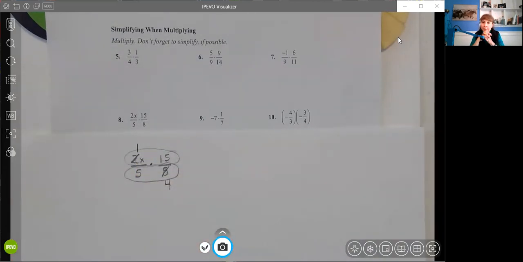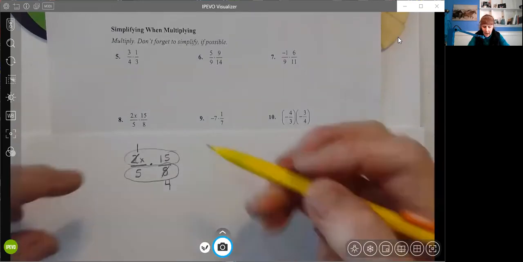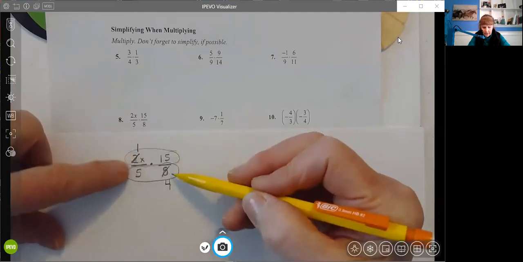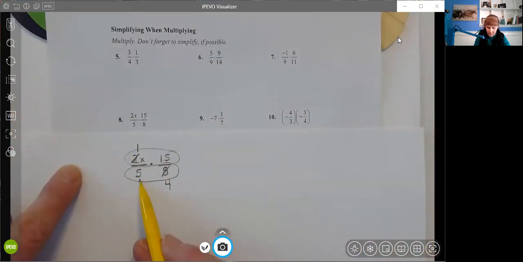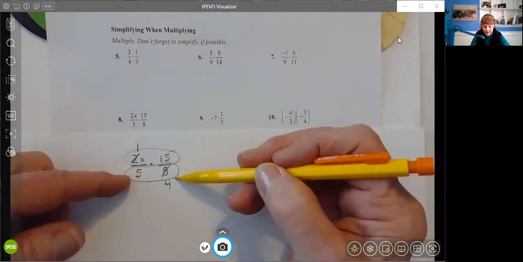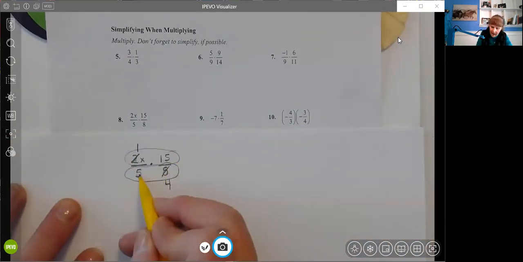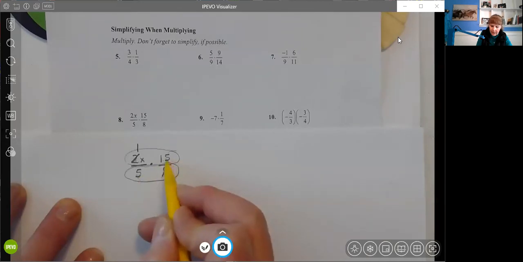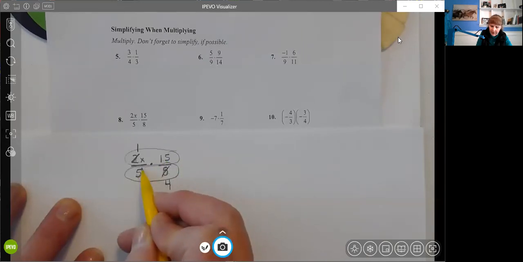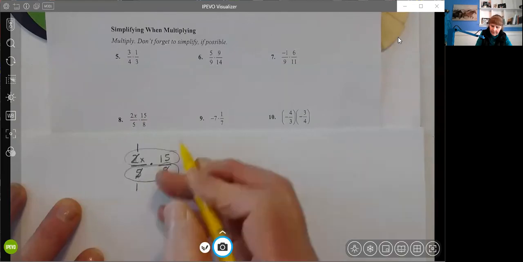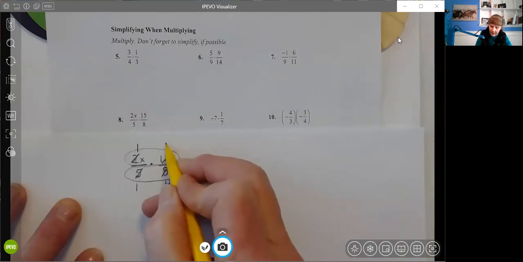Now, if you look at the 5 and the 15, I can reduce the 5 and the 15. Again, I'm reducing anything up here with anything down here. I can't reduce side to side. I have to go top to bottom. Well, 5 goes into both of those numbers because they end in 5. 5 divided by 5 is 1. 15 divided by 5 is 3.